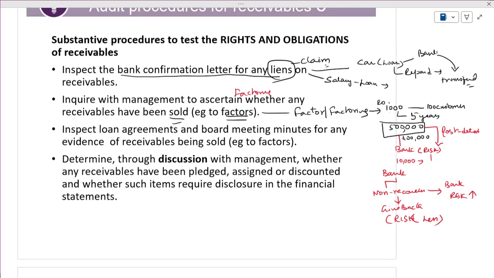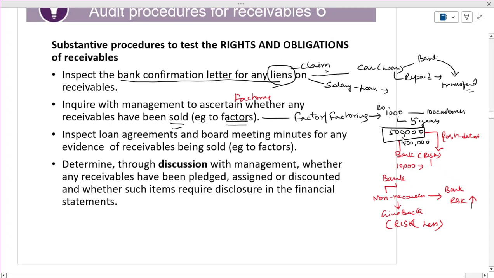Inquire with the management to ascertain. I gave you a very short description about this. Inquire with management to ascertain whether any receivables have been sold in terms of factors. This is the factor processing.